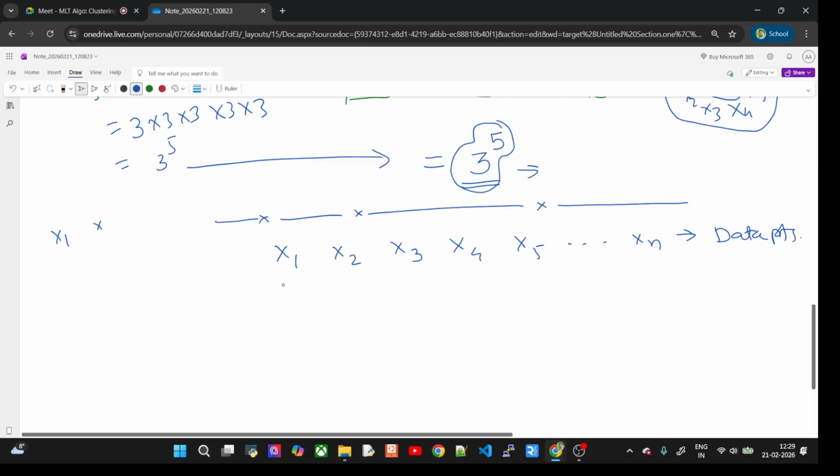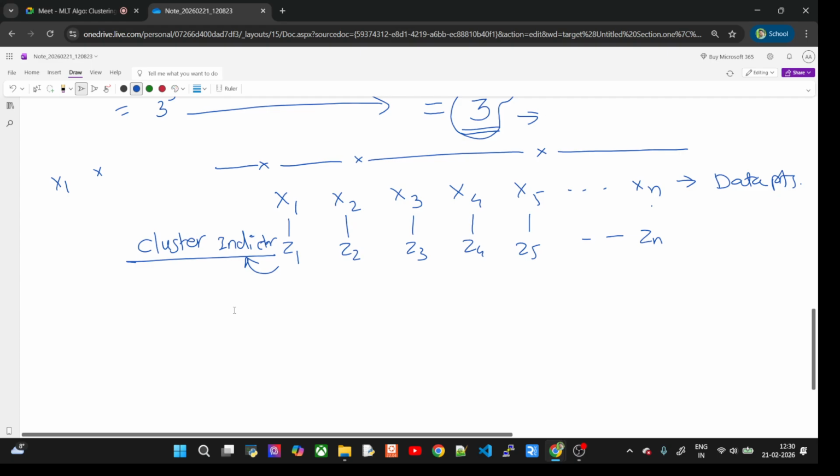Here I am saying x1 is the data point and I am putting it into some box, and I call this z1. In the same way z2, z3, z4, z5, and for xn, zn. What is that z? Z is nothing but your cluster indicator. Cluster indicator.